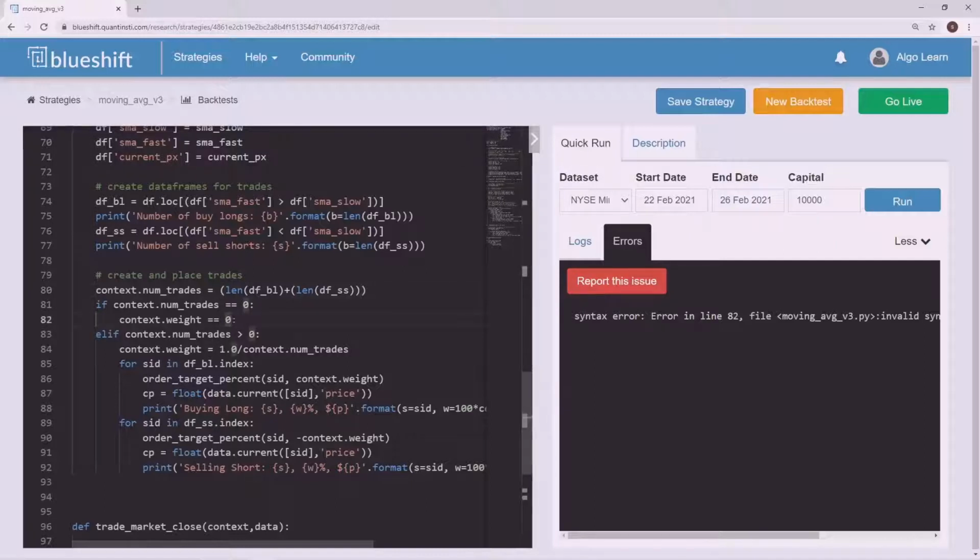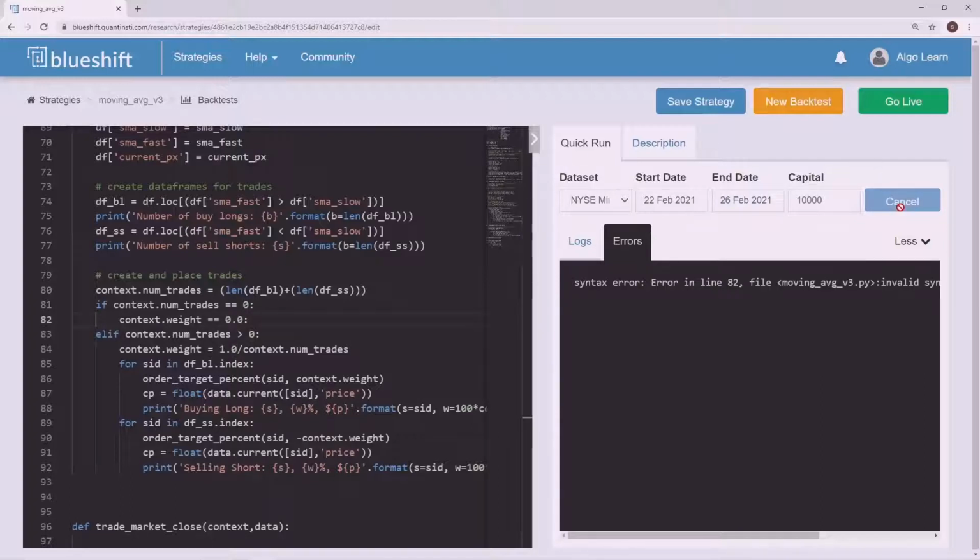Let's make this a float, 0.0, and let's run that.